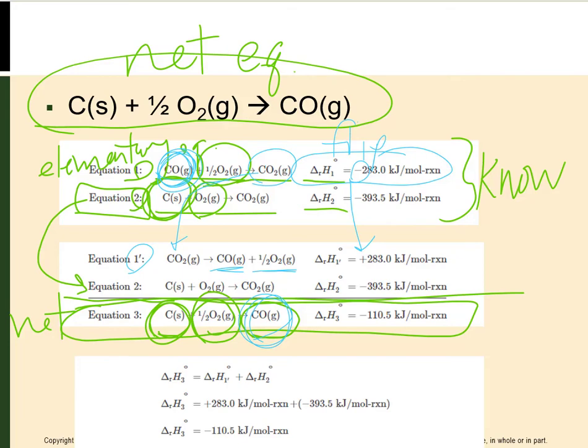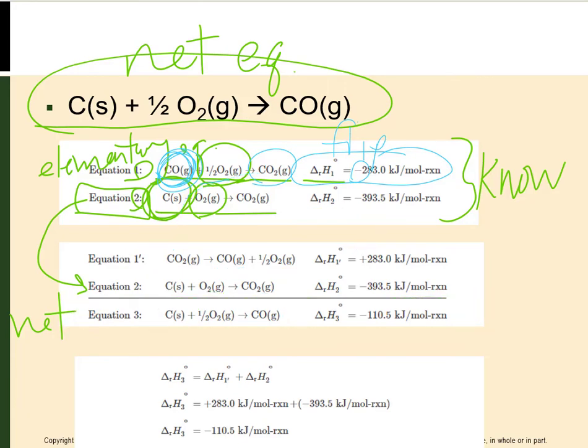Now we just simply add up what's on the left and what's on the right and cancel out spectators. So hold on, we're going to get a different color here. All right, so when we want carbon, there's no other carbons on the right that's going to cancel it out.